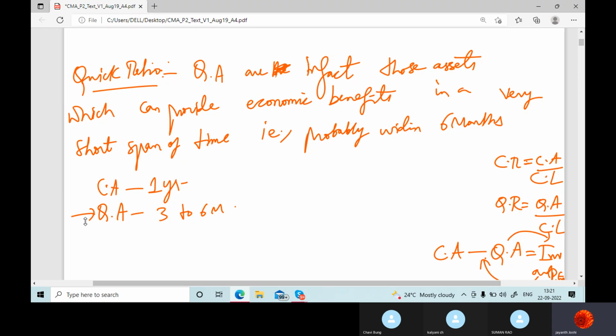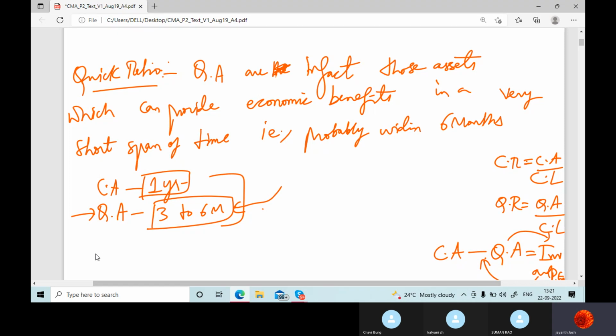So you can see the time difference here. It's very evident and easily understood. This takes 1 year. This takes 3 to 6 months. It is taking less time to give you economic benefits. Am I right? I think the difference is simply understood by you.